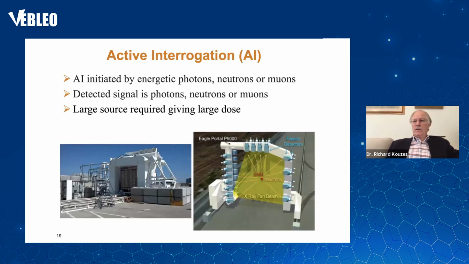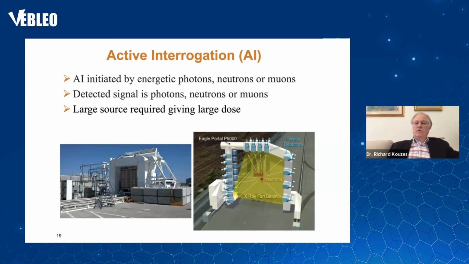In order to enhance the ability of passive detection and radiography, there has been recent development in what's called active interrogation. In this case, there again is passive detection, but there is also a radioactive beam of typically high energy X-rays that are shone onto the vehicle. And then you look for the results of that incoming radiation producing outgoing radiation.